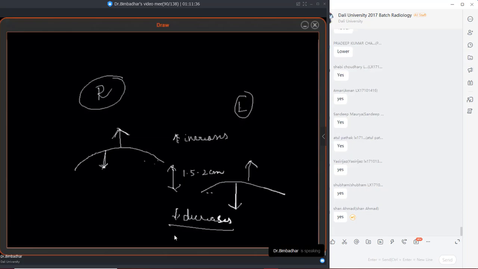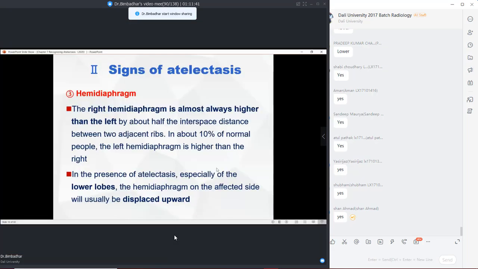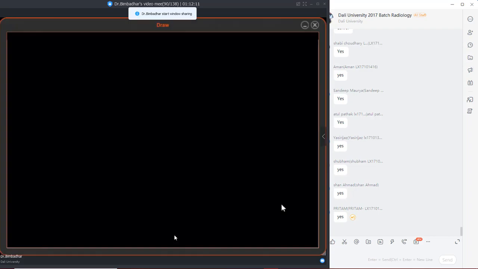How we actually apply this kind of knowledge here is that, okay, can everybody see the screen of the slides? Yes? See, in the presence of atelectasis, especially of the lower lobes, the hemidiaphragm on the affected side will usually be displaced upwards. Okay? Now, apply what I said here.